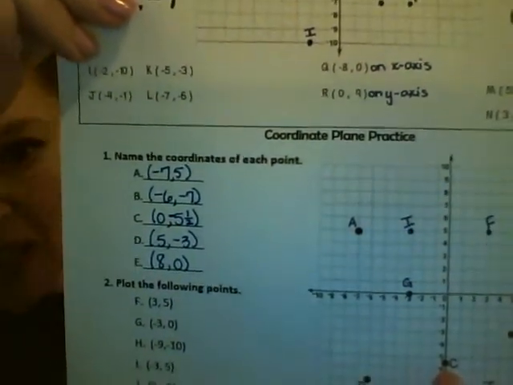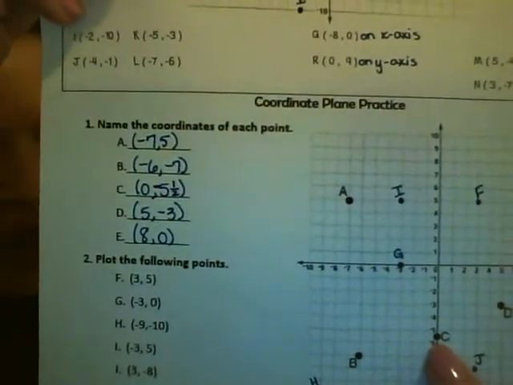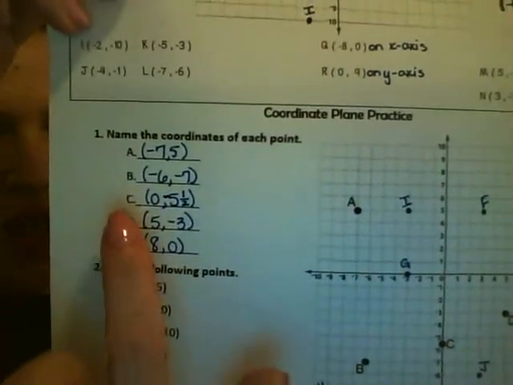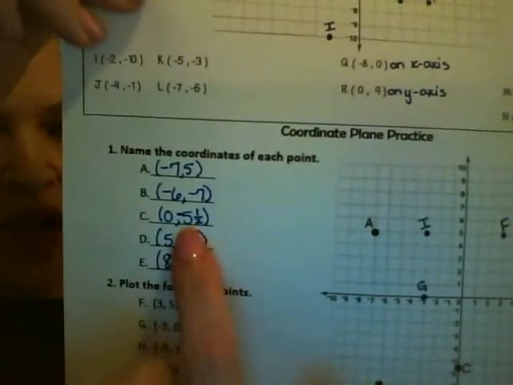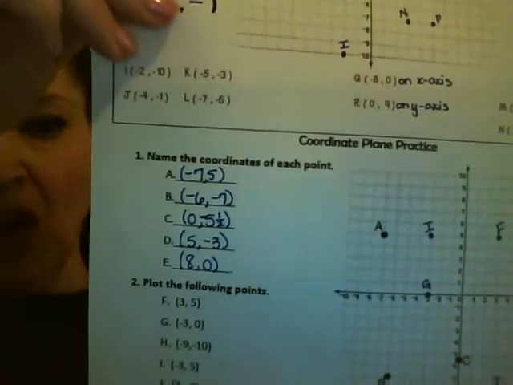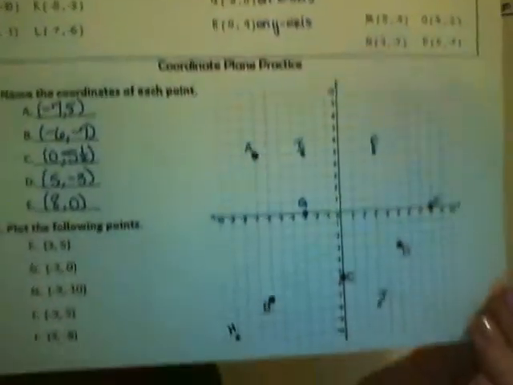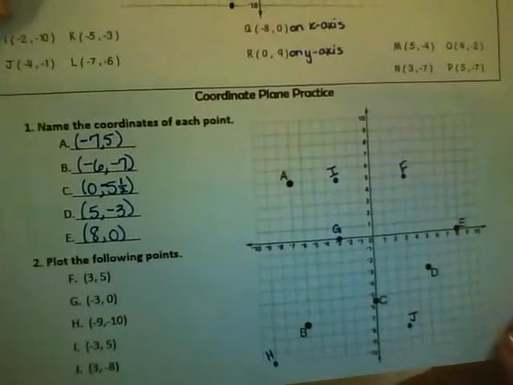You can see that it landed on the y-axis, but it's right in between -5 and -6. So C is going to be (0, -5.5). All right, make sure you have that correct. And then, of course, check the other points that you were supposed to add to your coordinate grid.